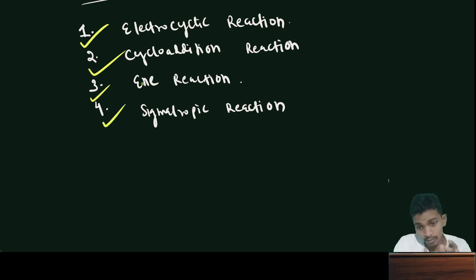But before we start these types of pericyclic reactions, it is very important to understand the general concept of molecular orbital theory. Although it is discussed in organic chemistry, it is better to give a little introduction to molecular orbital theory, because this concept is really huge while studying these various types of electrocyclic and cycloaddition reactions.